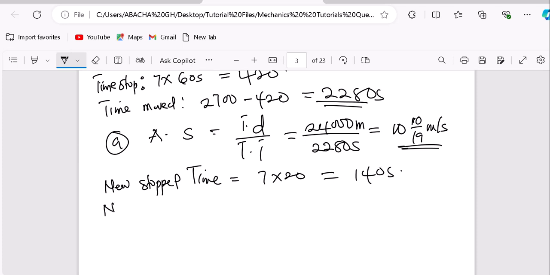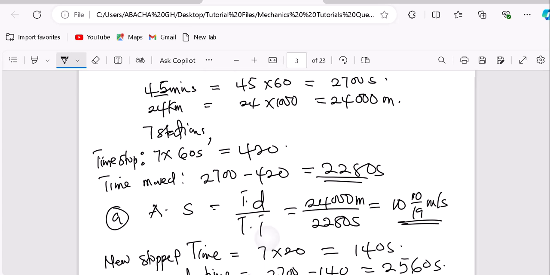The new moved time is equal to 2700 minus 140, and you are getting 2560 seconds.